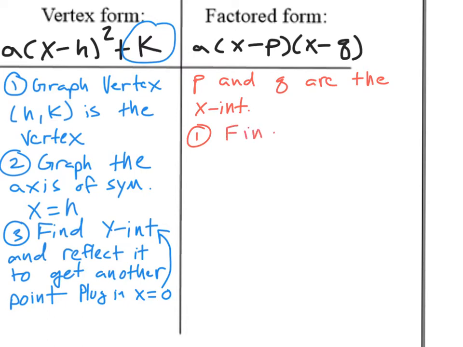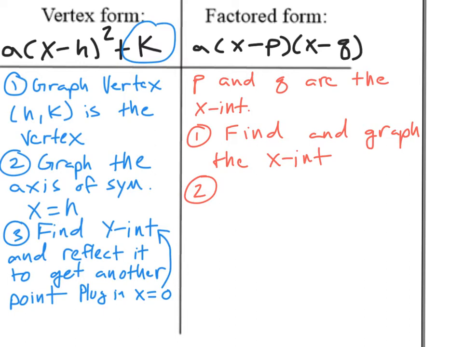That's the first part, find and graph the x-intercepts. And again, they're really, really easily available. Now, here's the thing. To find these, you might need to solve a little bit.